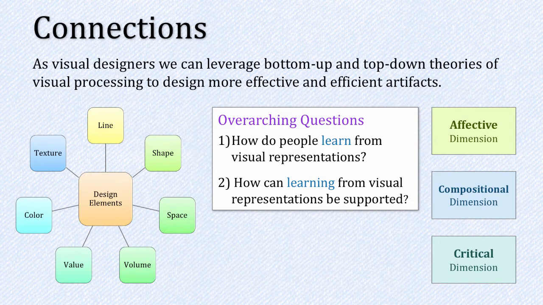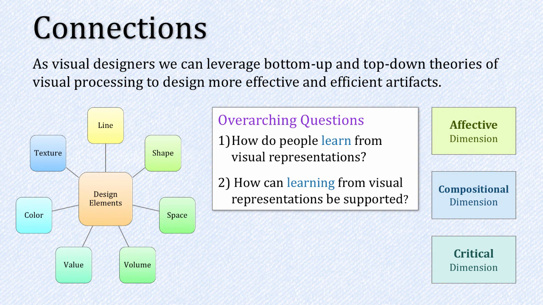Well, we're just about out of time for today, so I want to end by emphasizing a couple of connections. I hope you see how visual designers can leverage bottom-up and top-down theories of visual processing to design more effective and efficient artifacts. I also hope you see how learning about the elements of design and the various dimensions of image analysis are preparing us to address two overarching questions of the course.